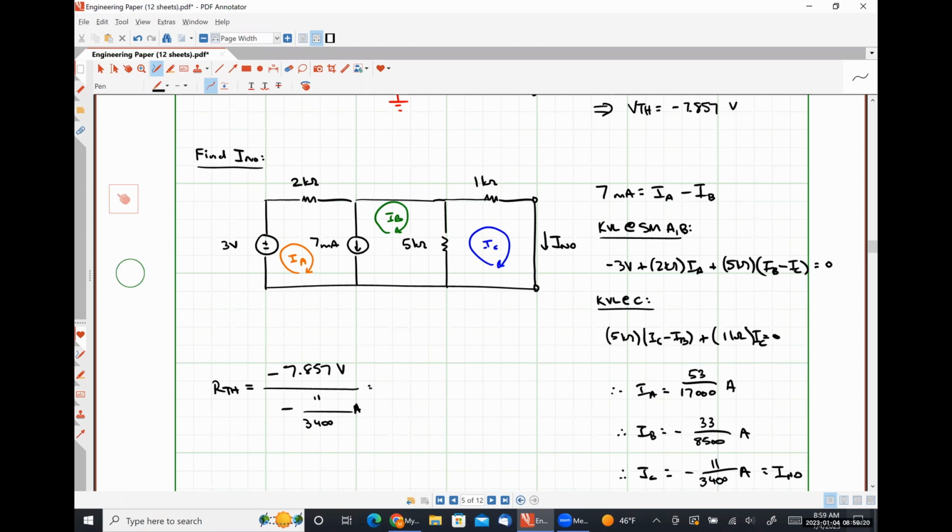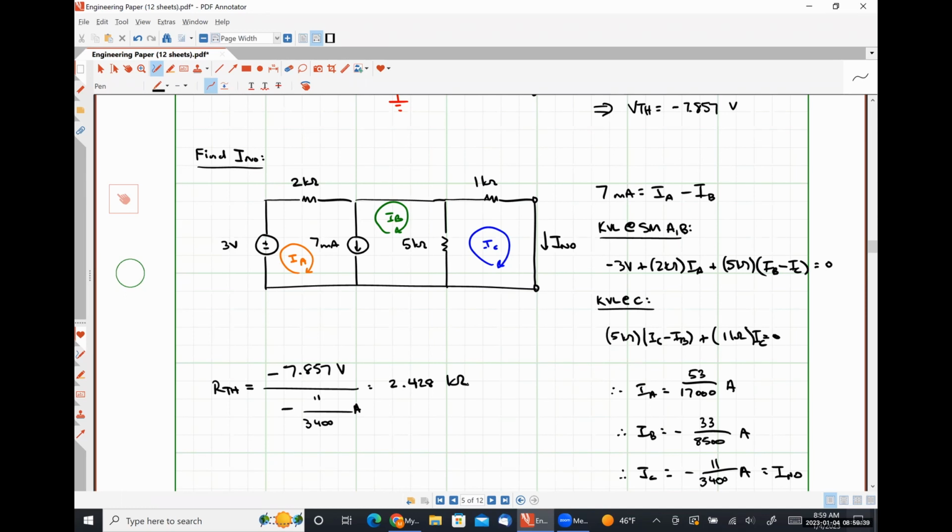So let's see, negative 7.857 over negative 11/3,400. 2.428 and some change kilo ohms.